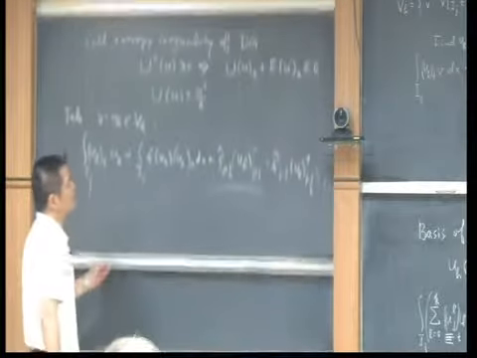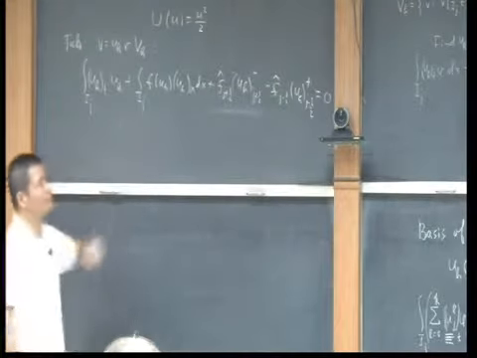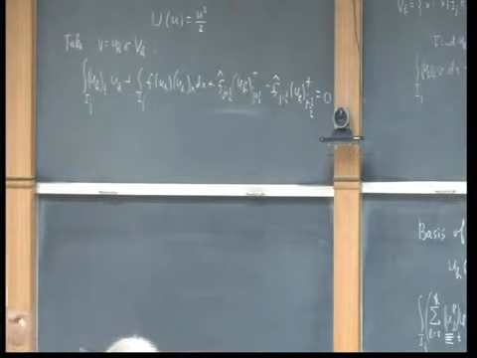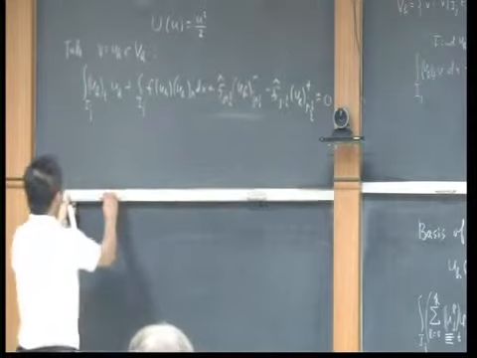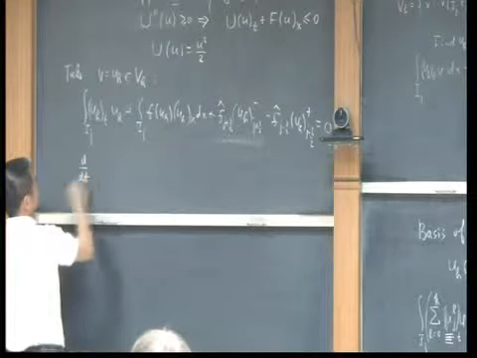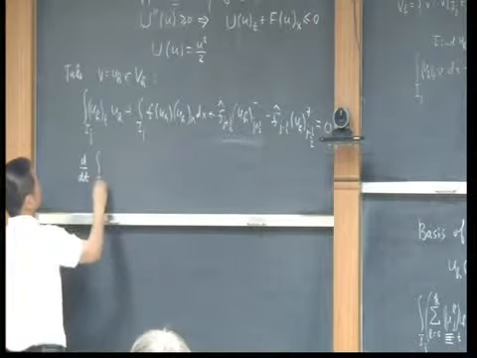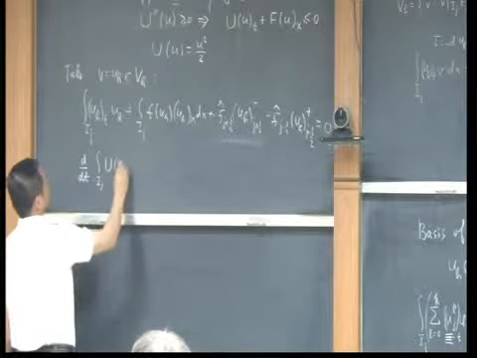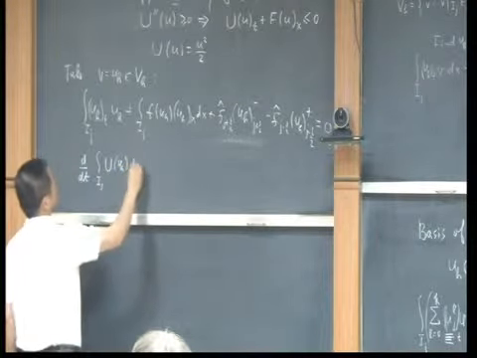So I claim that this already gives me my desired entropy inequality. So why is that? Well, for example, the first term is just the d/dt of the integral over I_j of UH squared over 2 dx. Is it right?